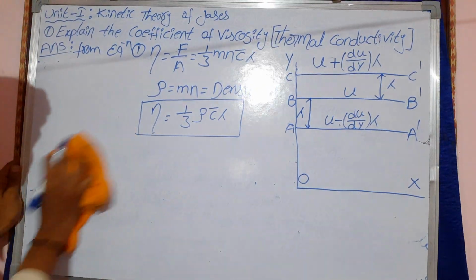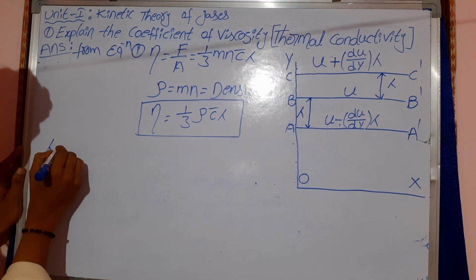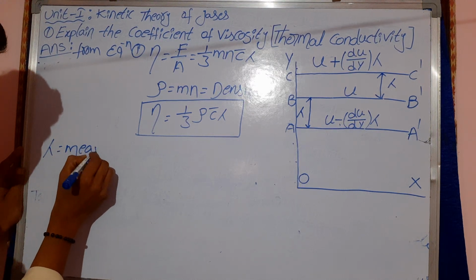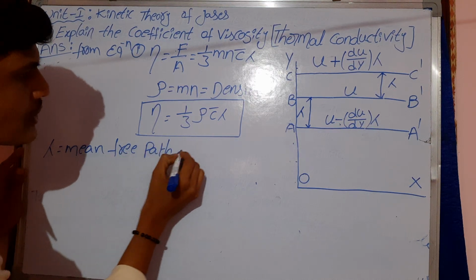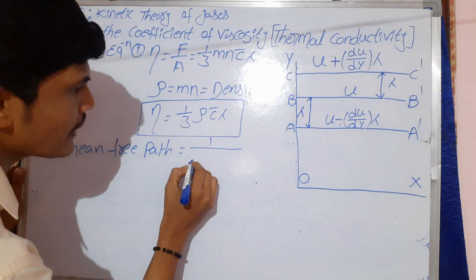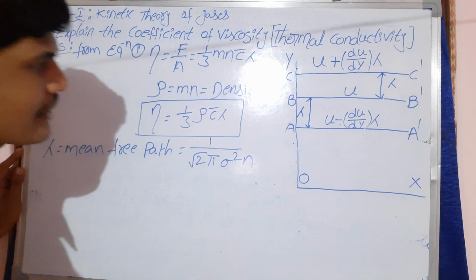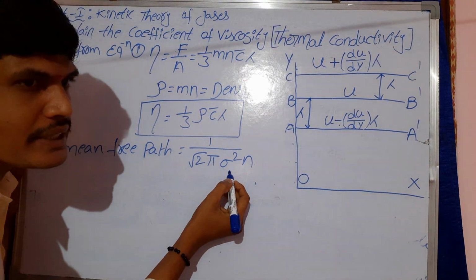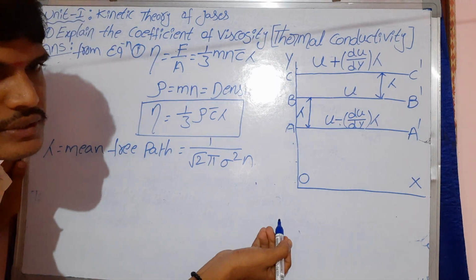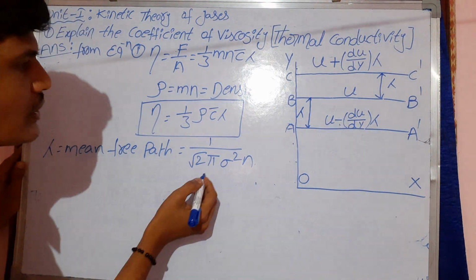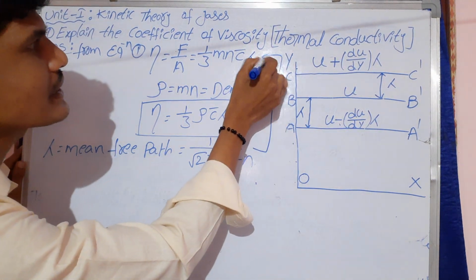So lambda equals the mean free path, which equals 1 by root 2 pi sigma square n. So sigma means diameter, and n means number of molecules per unit volume. So this equation is substituted in the above equation.